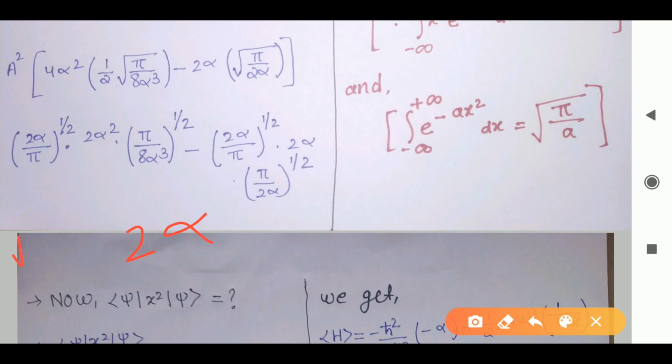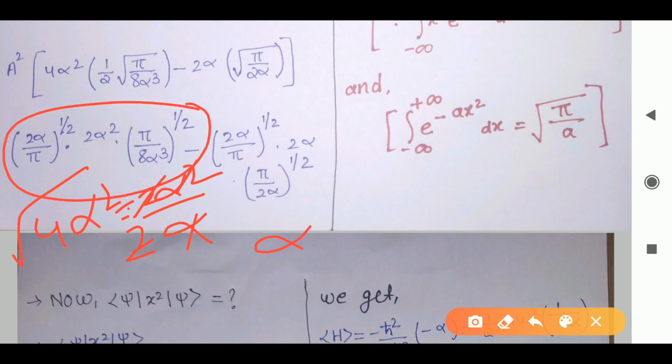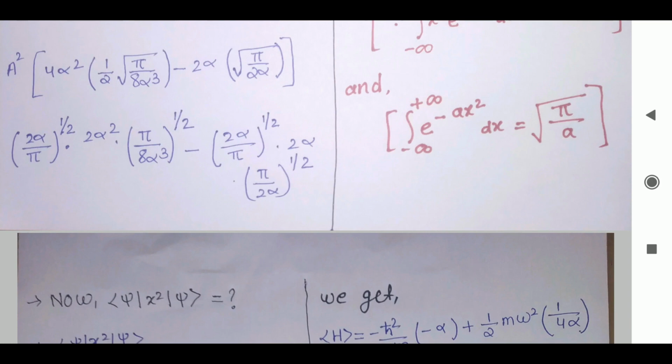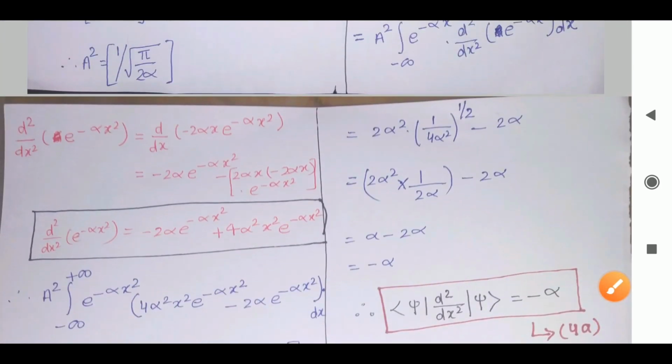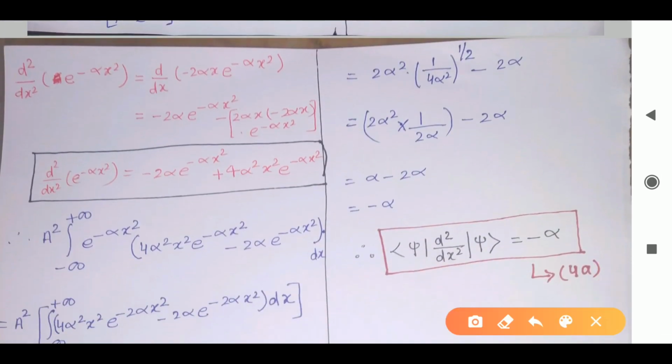Instead of root over of 4 alpha square we will get 2 alpha. Now it is clear, and already on the upside we have 2 alpha square. So 1 alpha cancels each other, 2 and 2 will cancel each other. So at this term we will get only alpha.